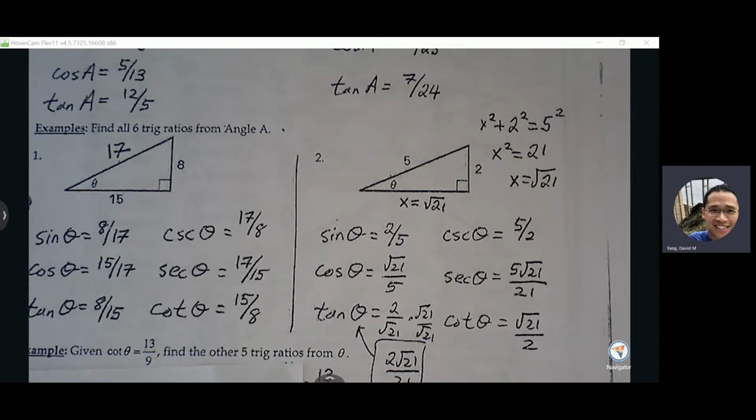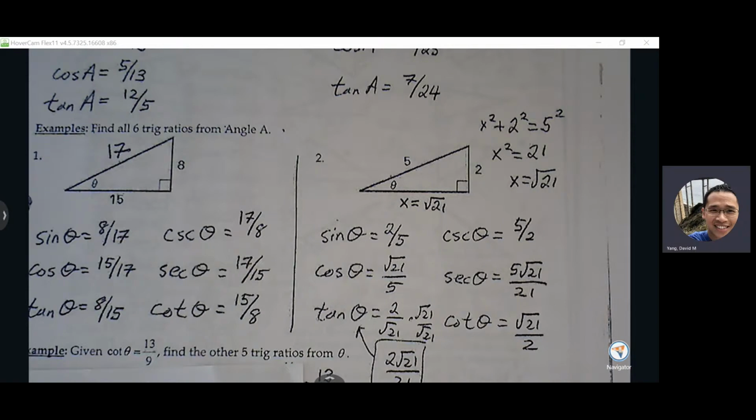The Pythagorean theorem will allow us to find that missing leg, a squared plus b squared equals c squared. Remember, we don't want to do 2 squared plus 5 squared equals c squared, because c is the hypotenuse. You can use any variable, I use x, but you can use a or b. So x squared plus 2 squared equals 5 squared, and we should get root 21 as the adjacent side.